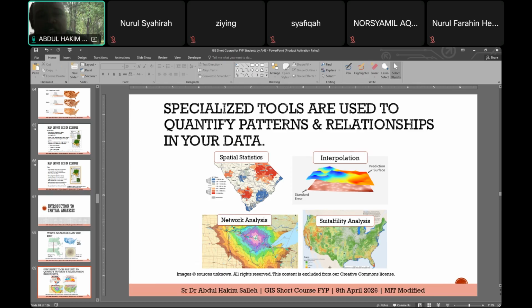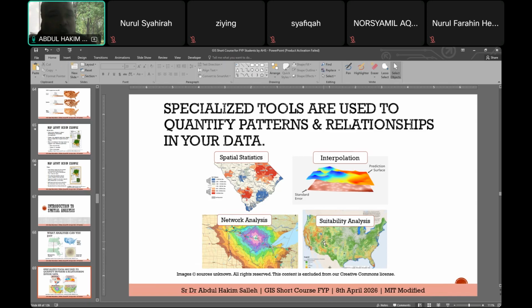Next is suitability analysis. This is very useful, for example, to develop a plantation area. Say you want to plant banana trees. Banana trees require a lot of water, a lot of this, a lot of that, and certain types of soil.